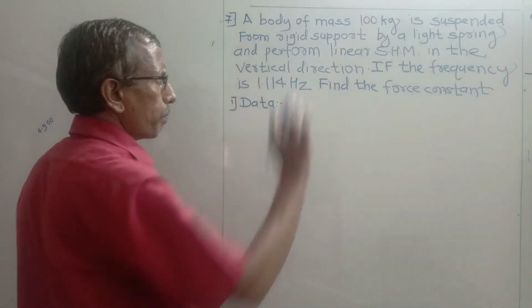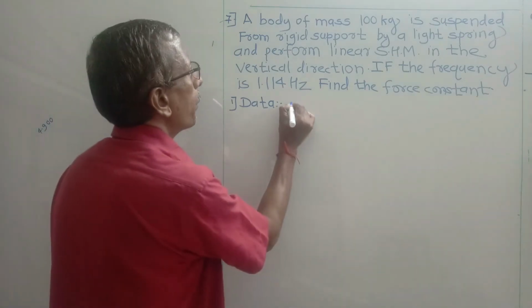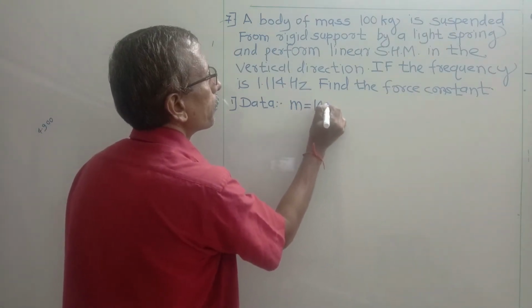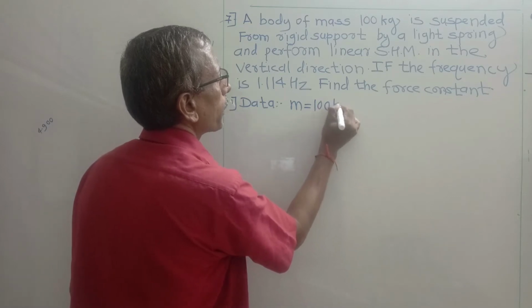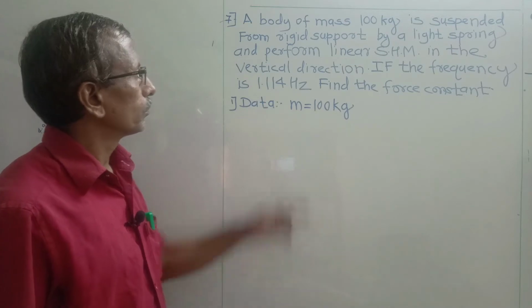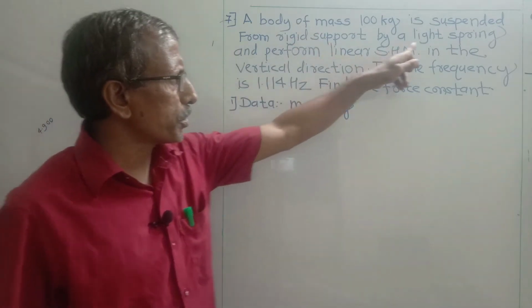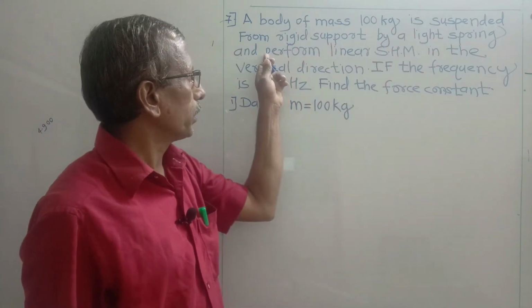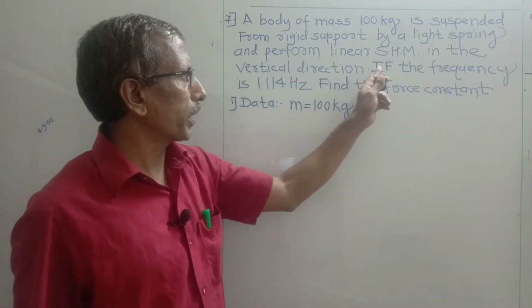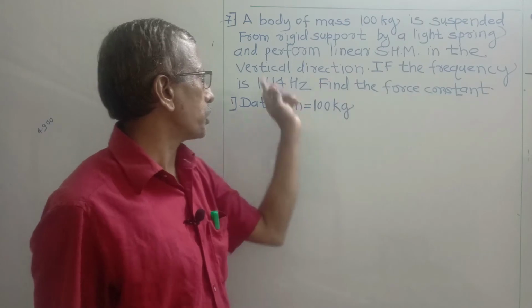A body of mass 100 gram, so m is 100 gram, not kilogram. It is suspended from a rigid support by a light spring and performs linear SHM in the vertical direction.